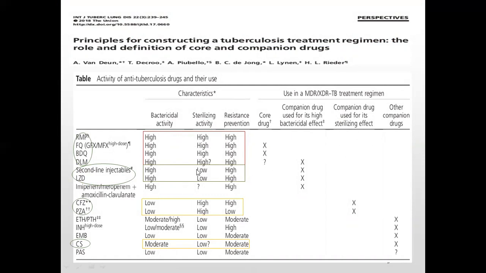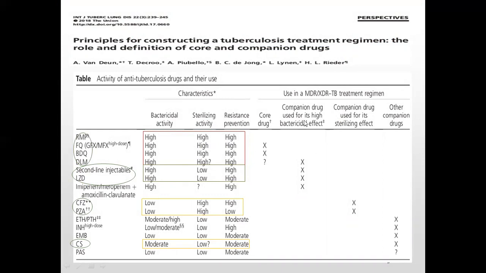Examples here are our 4th generation fluoroquinolones: moxifloxacin, we also have gatifloxacin, and bedaquiline. They have high bacterial activity, high sterilizing activity, and are least likely to develop cross-resistance with the other core drugs. That is why these are in our group A drugs for the ITR.